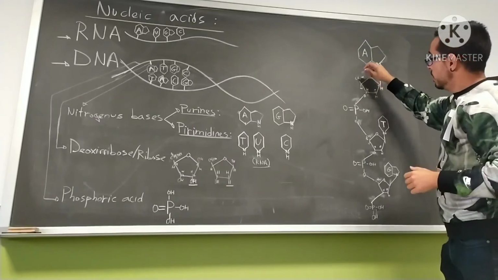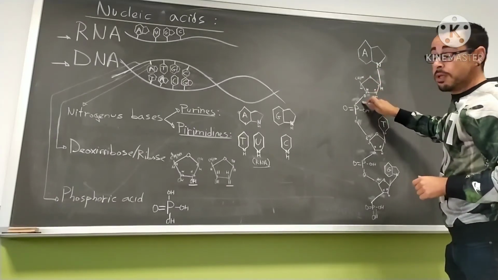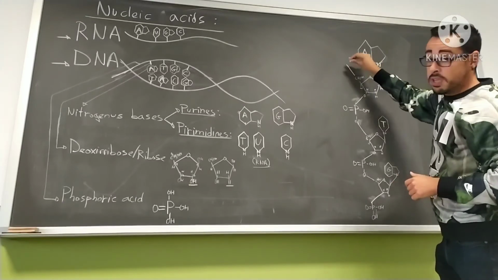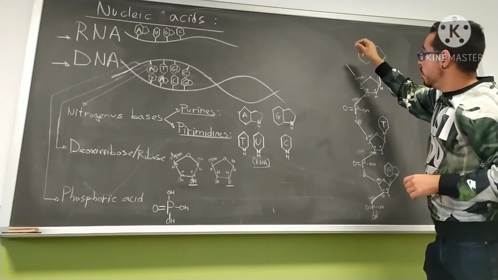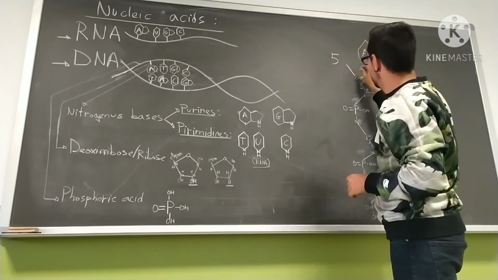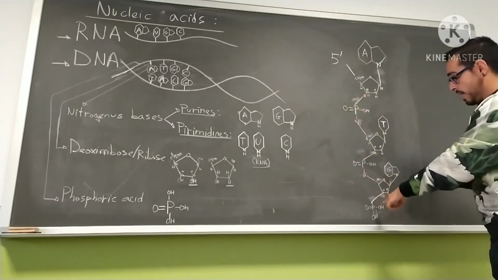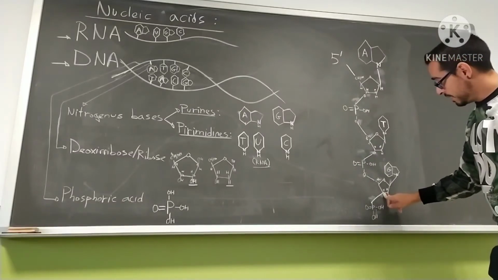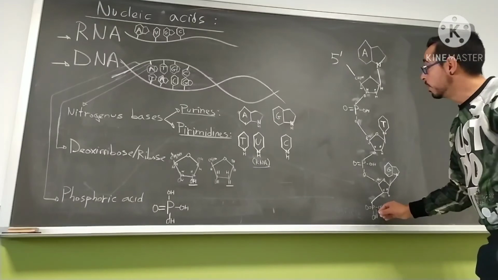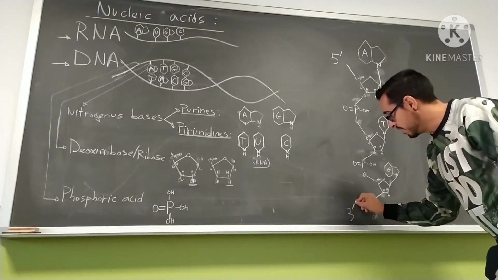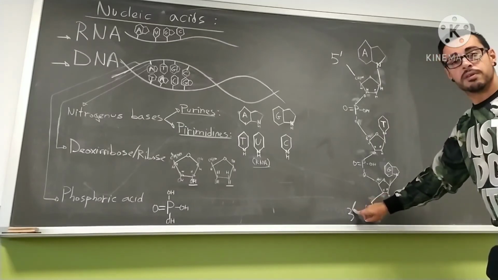The chain here is joined by the fifth carbon. This one, the fifth, is free for joining with another one, so we say that this is the fifth extreme. In the other one, this carbon is the third, and is the one that can join to another one. So this extreme is going to be the third.